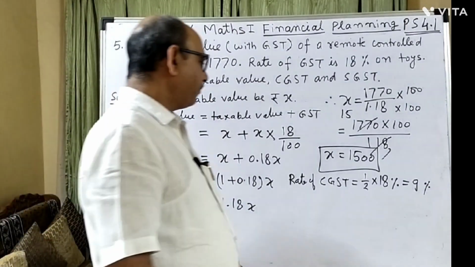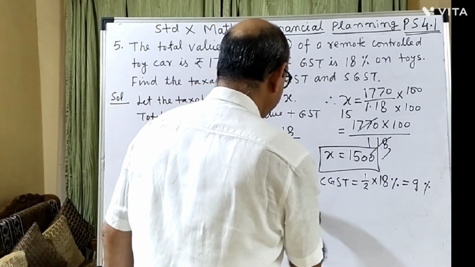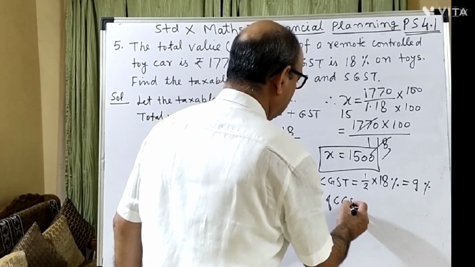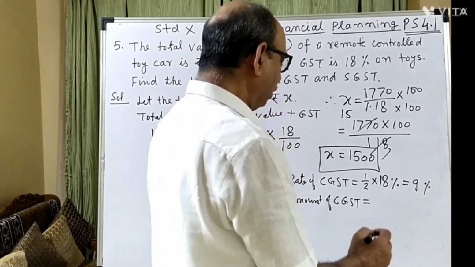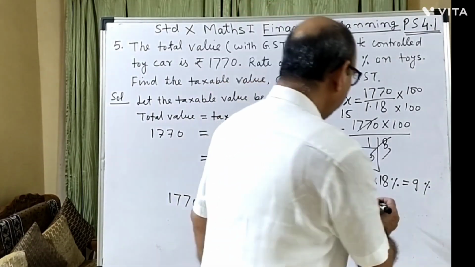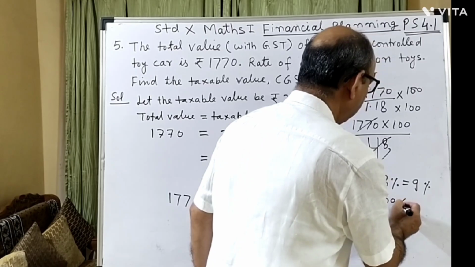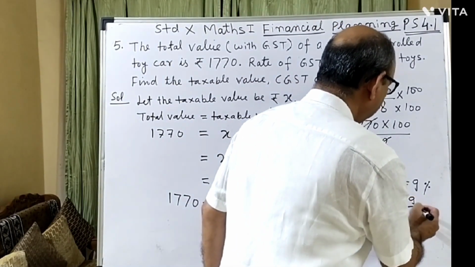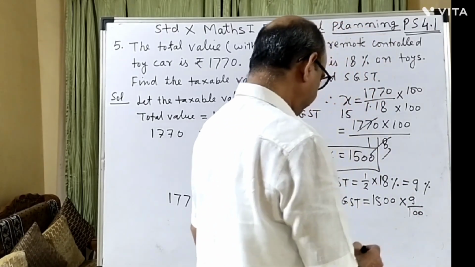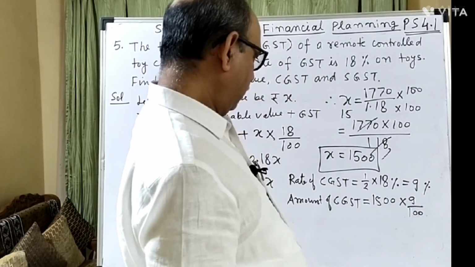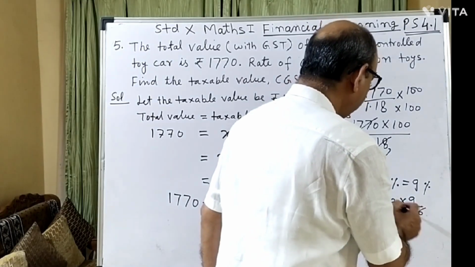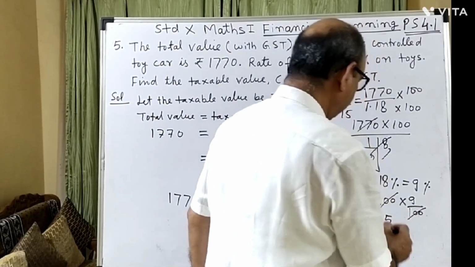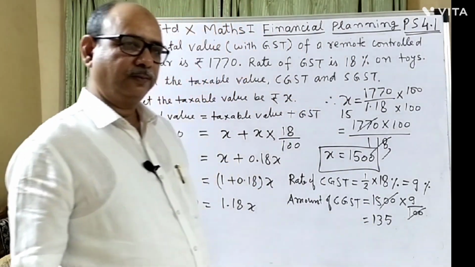Therefore, amount of CGST will be equal to 9% of the taxable value 1500. 9% means 9 divided by 100. That gives ₹135.